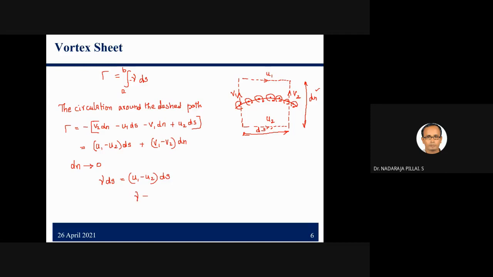So the circulation gamma can be written as u1 minus u2. This is actually the local jump in tangential velocity across the vortex sheet, which is equal to the local sheet strength. So please note it.